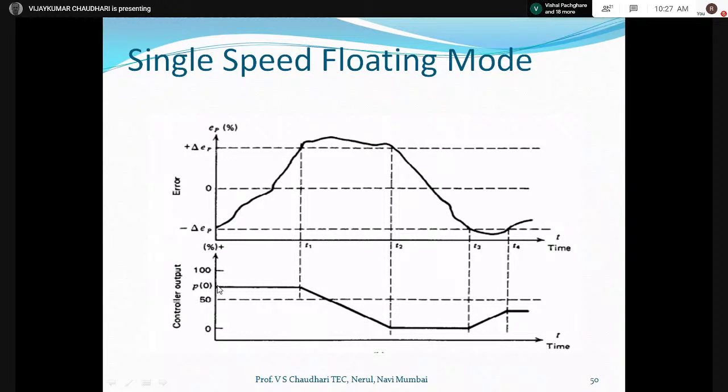The controller starts with P of 0, some 60%, 70%, and this is error versus time again, and controller output versus time. So error is varying like this.